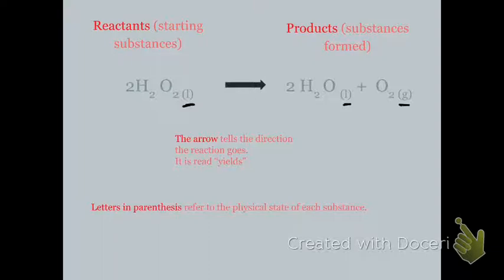So this L means it's liquid, and then this G here means it's a gas. And so there are 4 different symbols, or abbreviations. We can have a liquid, solid, gas, or aqueous.